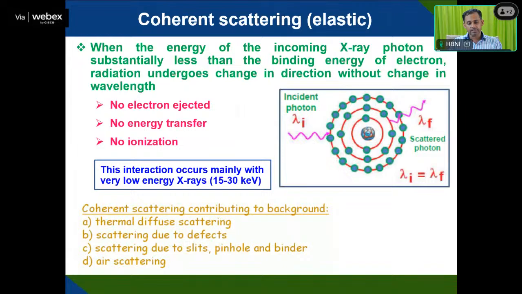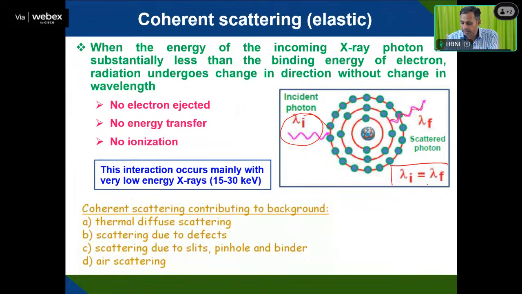So if you see the X-ray interaction, as I told, there will be mainly two types of interaction. One is elastic interaction, called coherent scattering, and the other is inelastic scattering, or incoherent scattering. When there is elastic scattering, the incident photon has a wavelength lambda I, it interacts with the material, and after that interaction, the wavelength lambda f of the emitted energy will be the same.